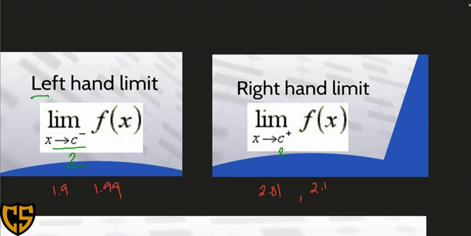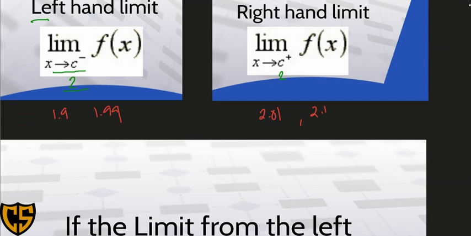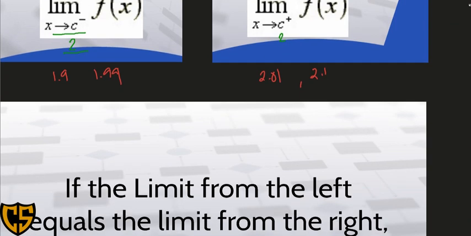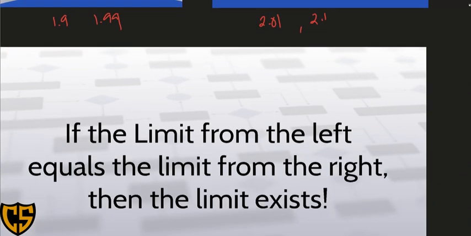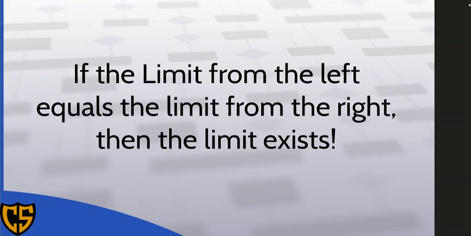Okay, so that's it. Next, take note that we have the left-hand and right-hand limit. How could we know that your limit exists? Your limit exists if the limit from the left and the limit from the right are equal.